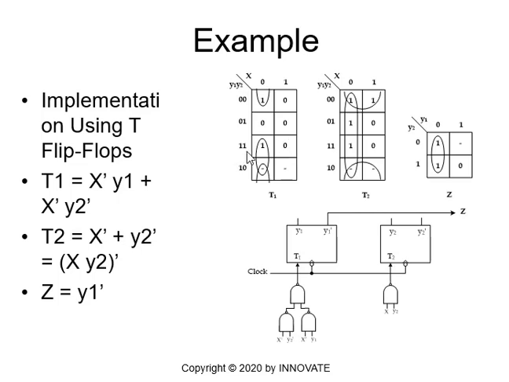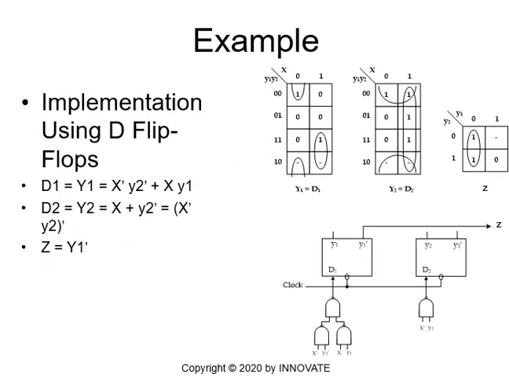Or we can derive the map simply from the original map. If we take the original map, when y1 is 0, those values of T1 will remain the same, because 1 plus 0 is 1, 0 plus 0 is 0.